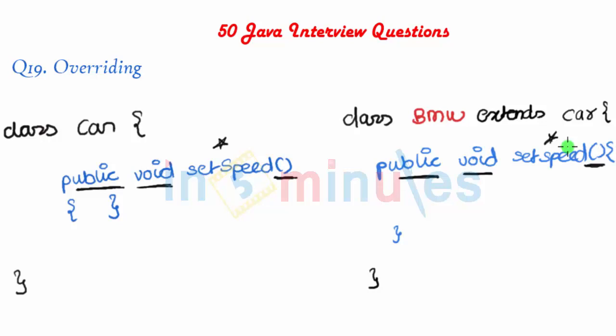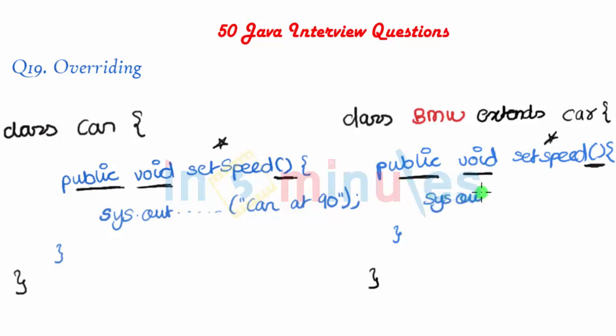So now that I have my methods defined in both the parent and the child class, let me go ahead and demonstrate exactly how overriding comes into the picture. Now the implementation for both of these functions may differ. For example, here I can have System.out.println Car at 90. Similarly for the BMW, let me have System.out.println BMW at 100.